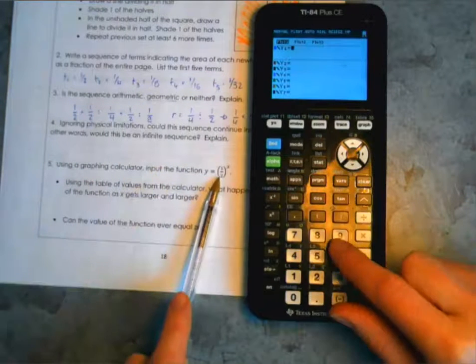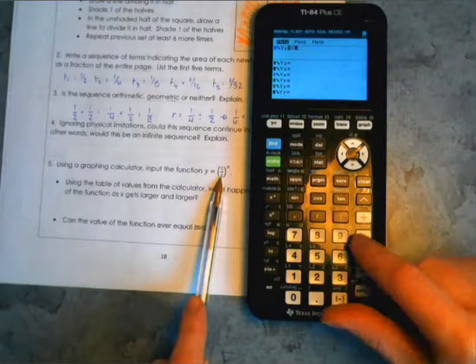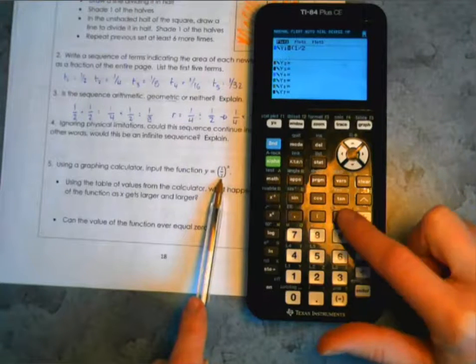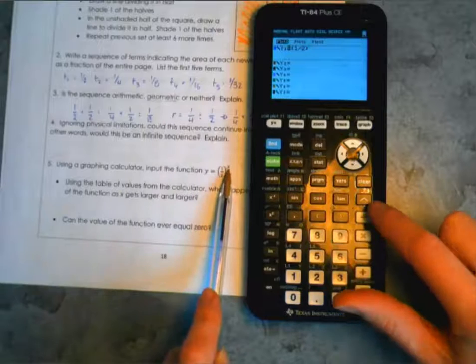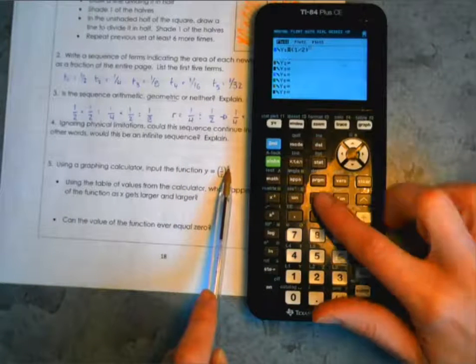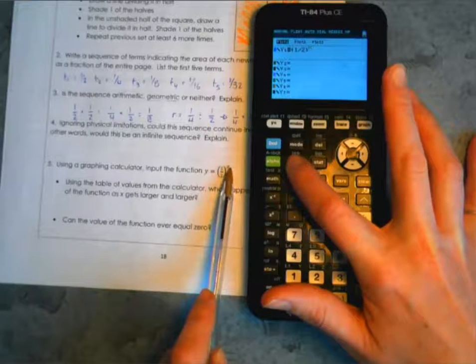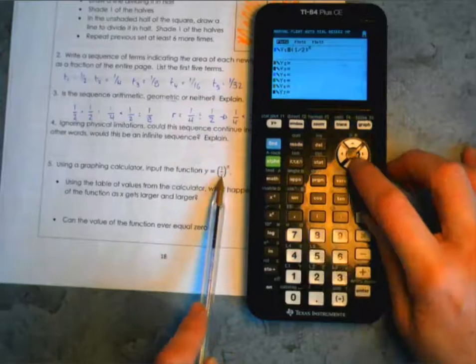I would put it in exactly the same as here. So we want to have a bracket, then 1 divided by 2, close the bracket, and it's raised to the power of, so that's this button here. X is our exponent. You always want to make sure you use this button to push for the x. So there we have the exponent of x.